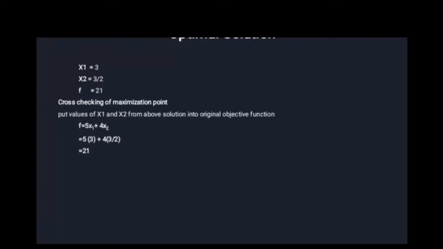F is equal to 5 times the value of x1, which is 3, plus 4 times the value of x2, 3 by 2. By calculating 4 times 3 by 2 plus 5 times 3, we get F equal to 15 plus 6, F is equal to 22, which is the maximum value of F. The condition of optimality is satisfied.